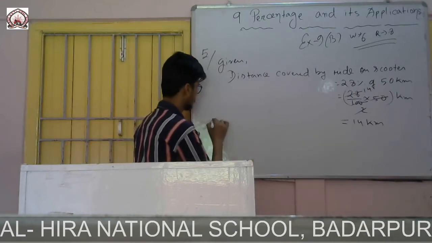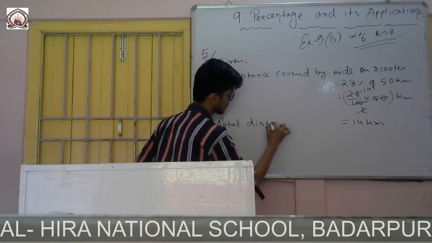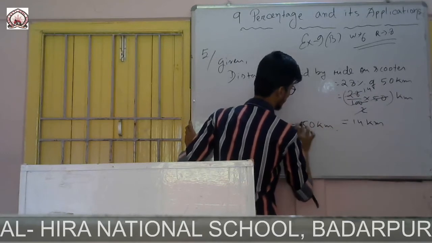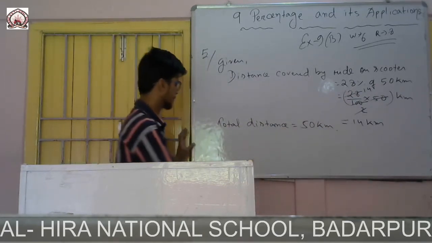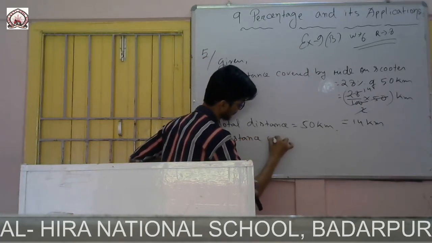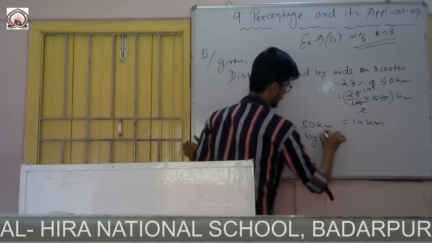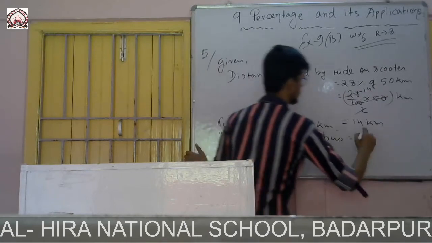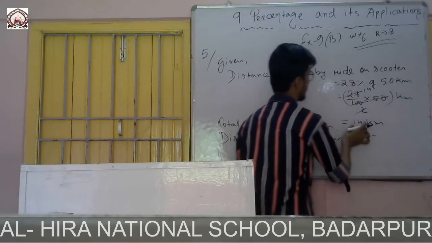So you write, since the total distance is equal to 50 kilometers, therefore the distance covered by bus will be equal to total minus the sum of all this.